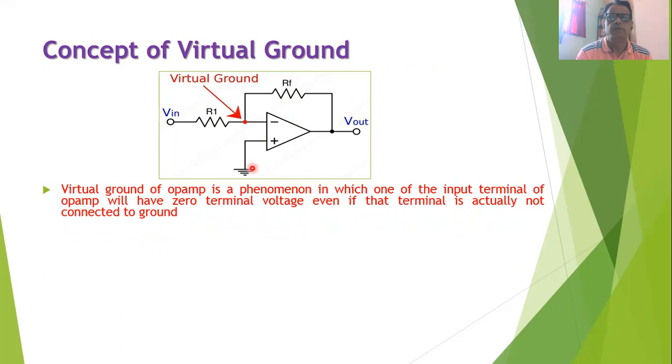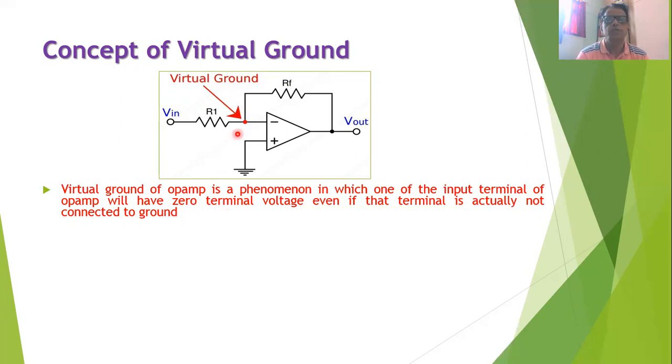Then we are in a position to define this concept of virtual ground. Virtual ground of the operational amplifier is a phenomenon in which one of the input terminals of the operational amplifier will have zero terminal voltage, even if that terminal is actually not connected to the ground.